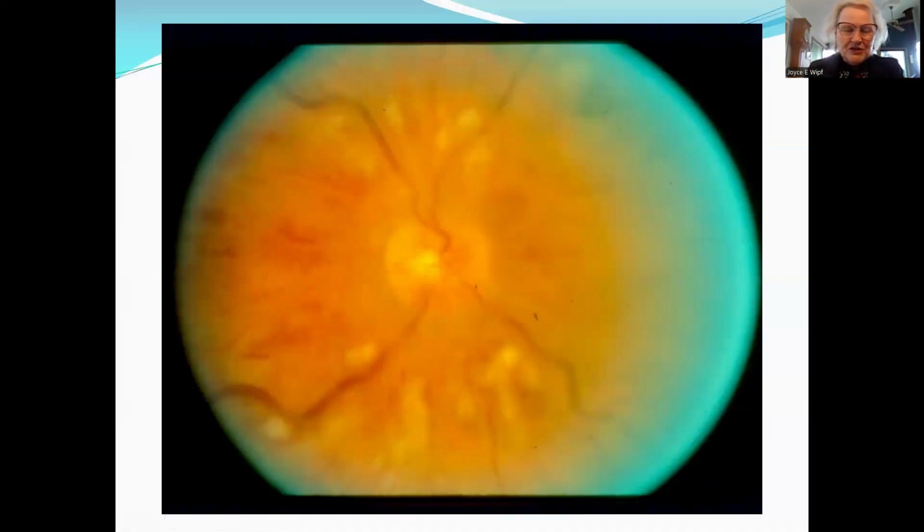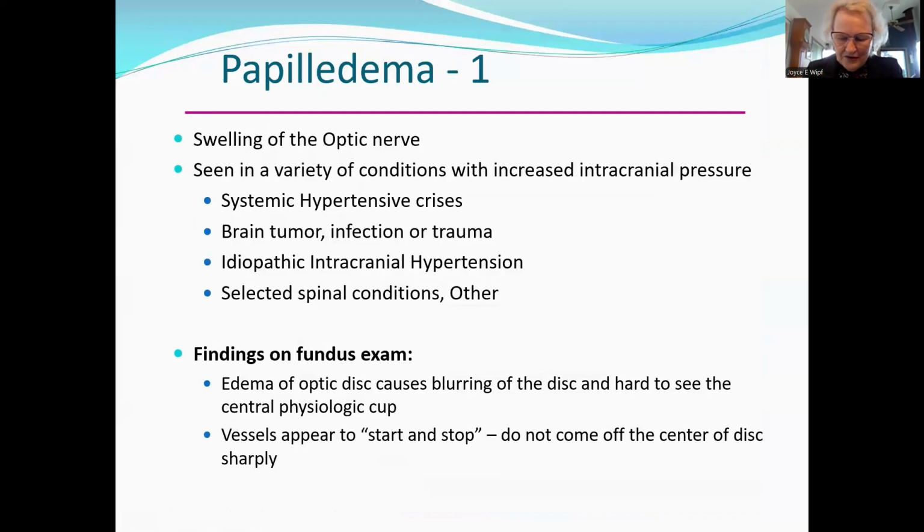You're going to hear me mention this several times because this is seen in significant retinal disease in a variety of conditions. So that's pseudotumor cerebri or idiopathic intracranial hypertension.